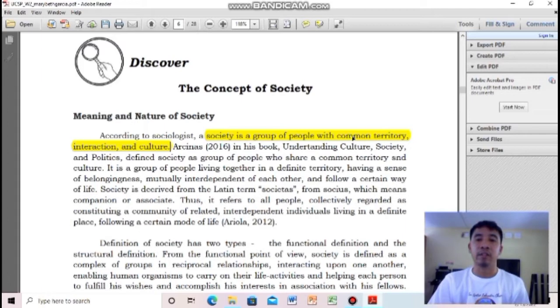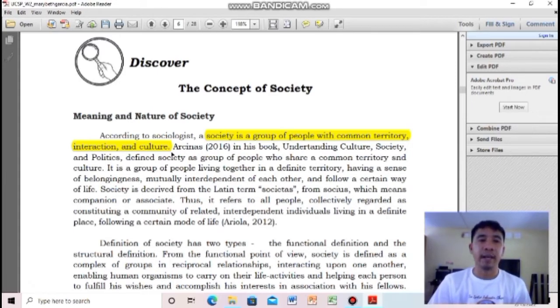May mga common territory amo na sa ang teritoryo nga gina-occupy sang mga tao. Ikaduha, may interaction. May mga interaction, buot sa lingon, we have this social interaction or relationship to one another, nagakabuhi kita kaupod sang iban nga miyembro sang sina nga sosyedad. And lastly, culture, or may kultura kita nga ginas-practice or ginasunod.